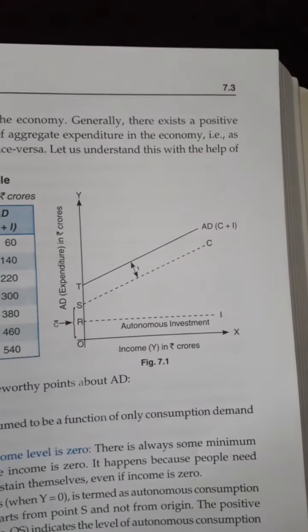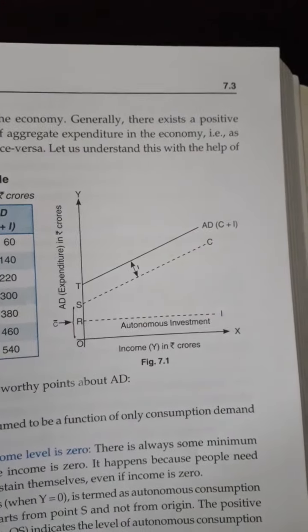And if you go to the graph, you can see on the x-axis it is income and on the y-axis it is aggregate demand. Now you can see the positively sloped curve.